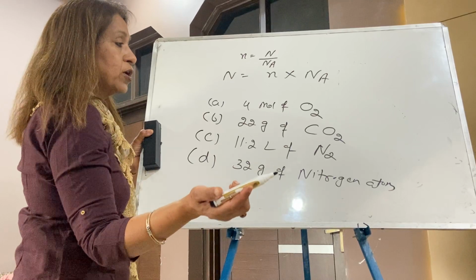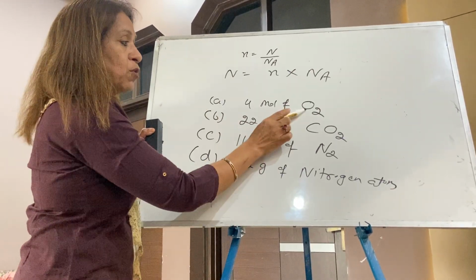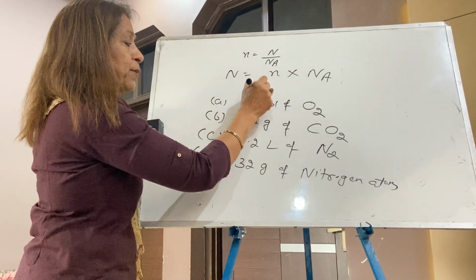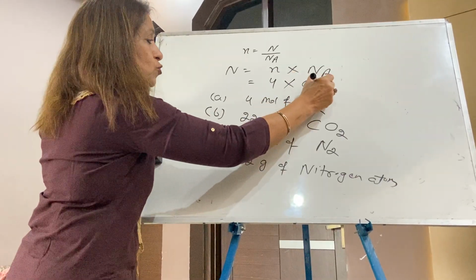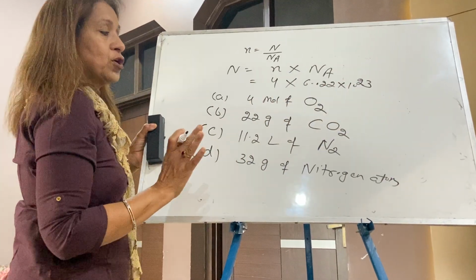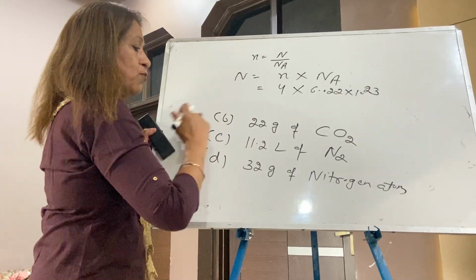If your species is molecules, you call it molecule. Like A part. In A part it is a molecule. You are going to calculate molecules. So 4 mole, you can put it directly, 4 mole into 6.022 into 10 raised to power 23. This comes molecules, because this is O2, so this is your molecules.